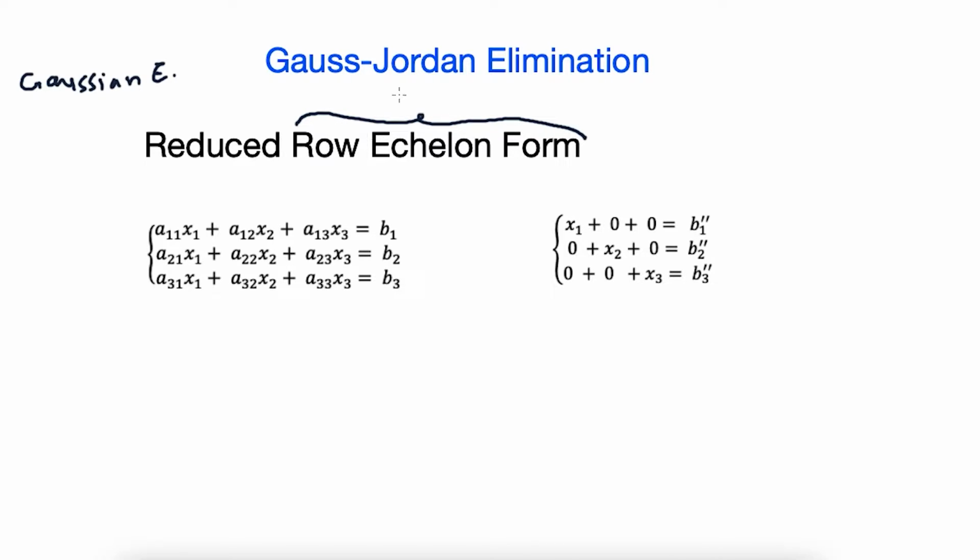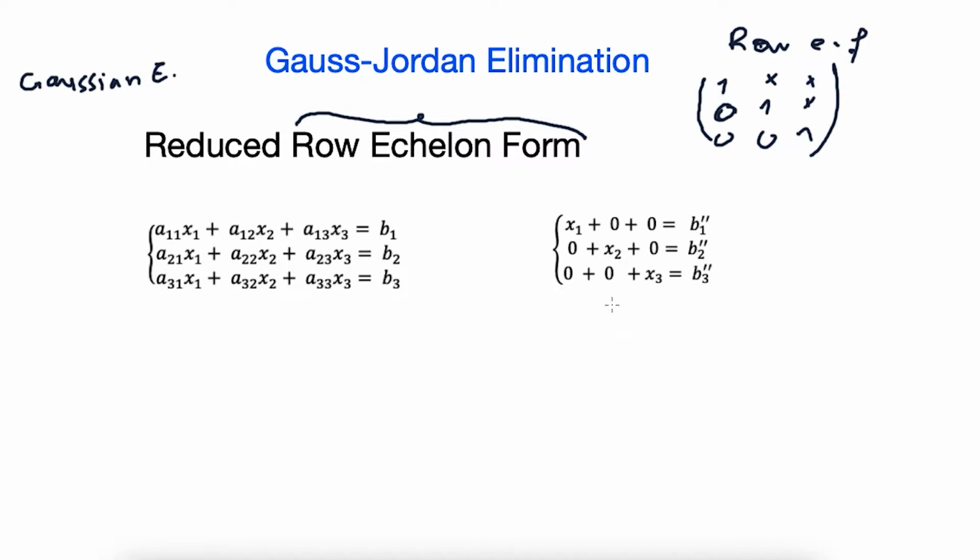However, in the case of Gaussian elimination, it is an upper triangular matrix, with ones here, any values here, and zeros here. So this is the row echelon form.